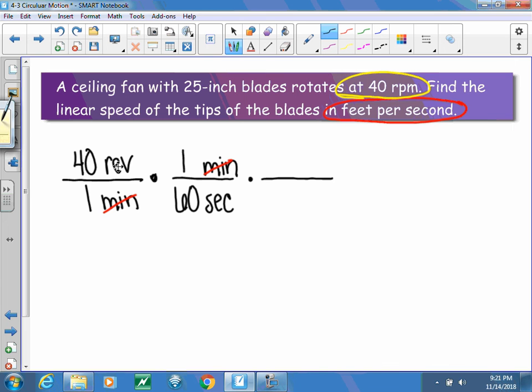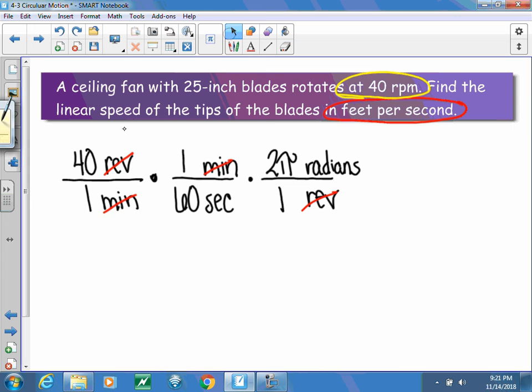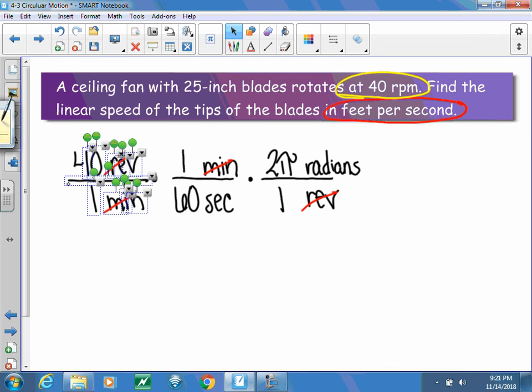If I have revolutions up here in the numerator, I'm going to put revolutions down here in the denominator. In one revolution, my circle is going to rotate 2 pi radians. One revolution is equal to 2 pi radians. Now I've canceled out the revolutions, and we are looking at radians.